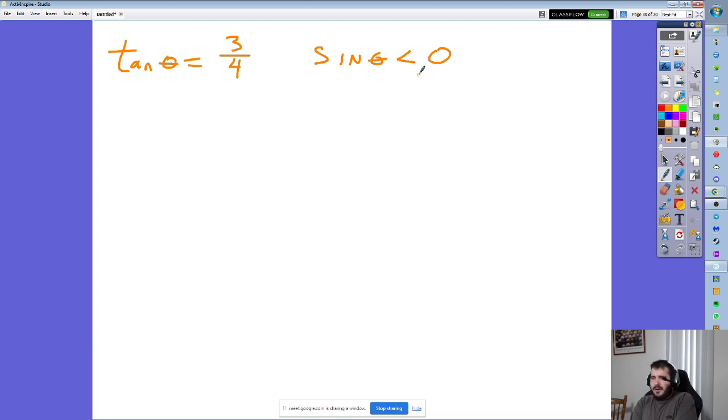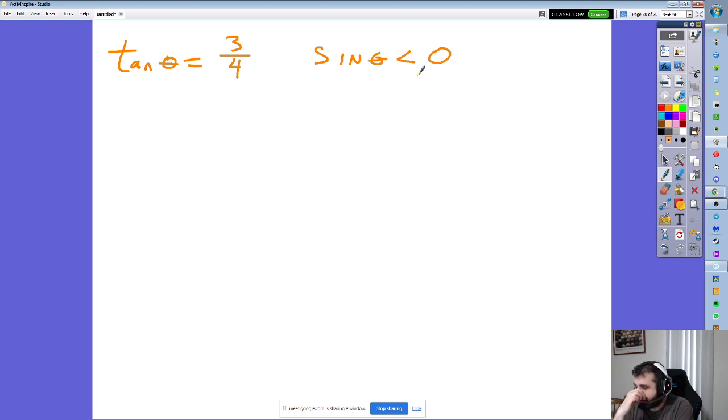Does anybody see something wrong with that? All right, talk to me a little bit about what makes that weird. Sine isn't the opposite of tangent.